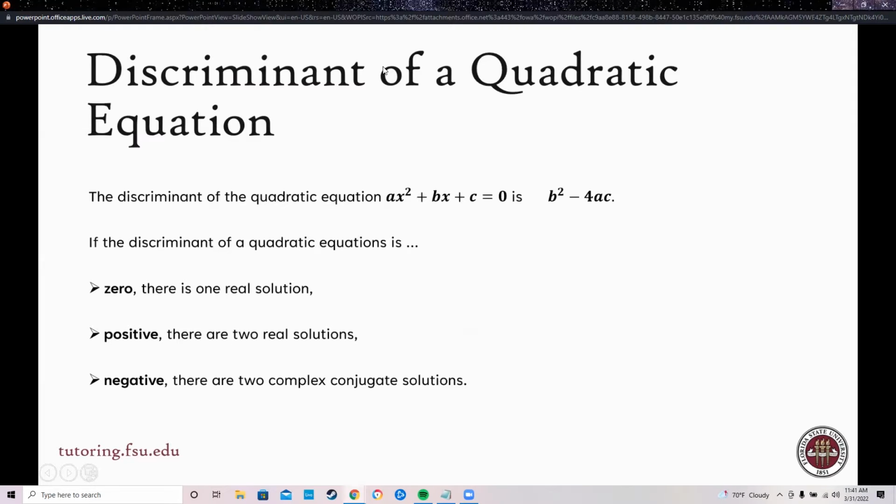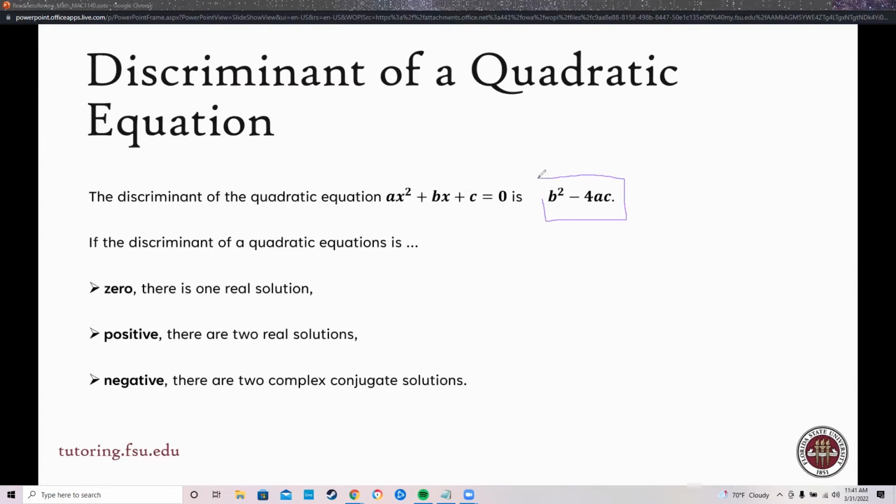So another important concept when talking about this would be the discriminant of the quadratic equation. The discriminant of any quadratic equation looks like this: b squared minus 4ac.